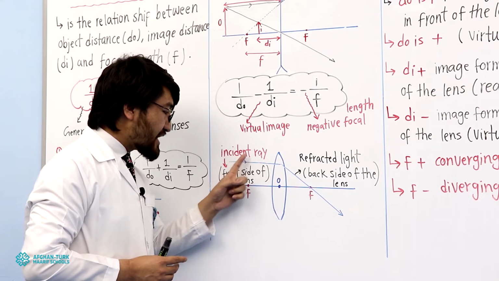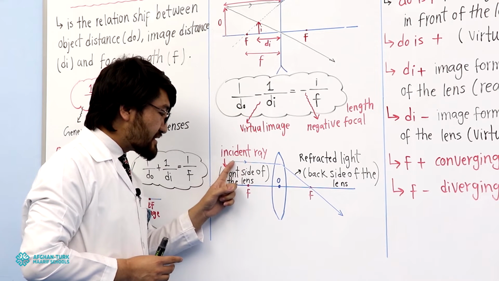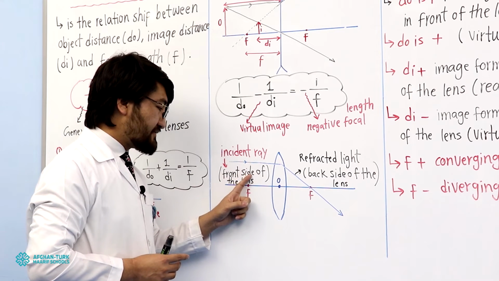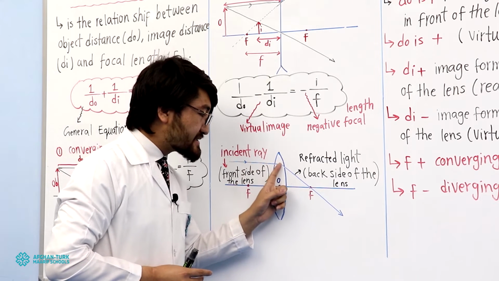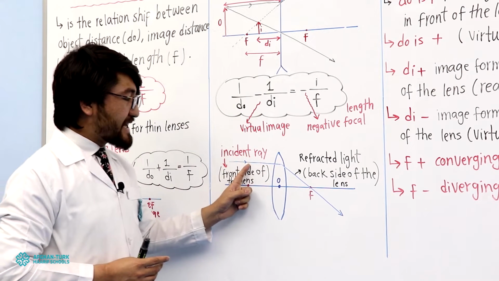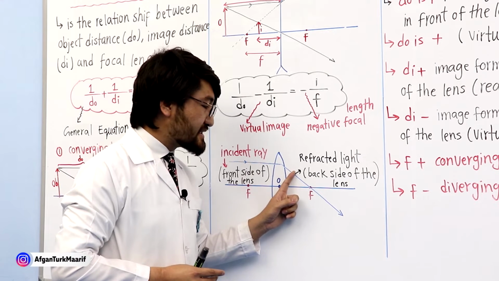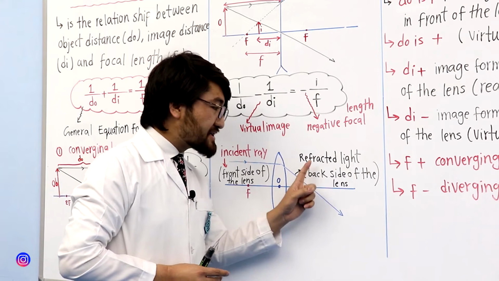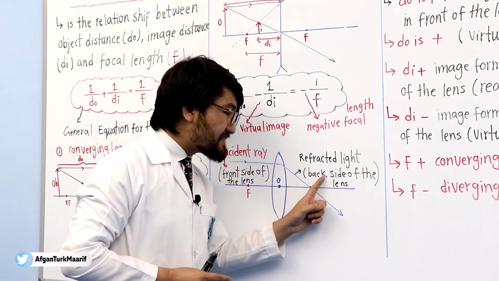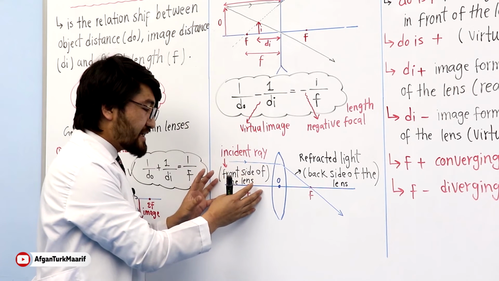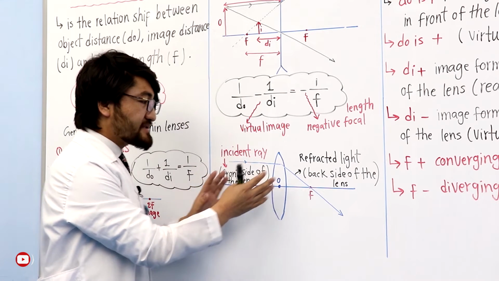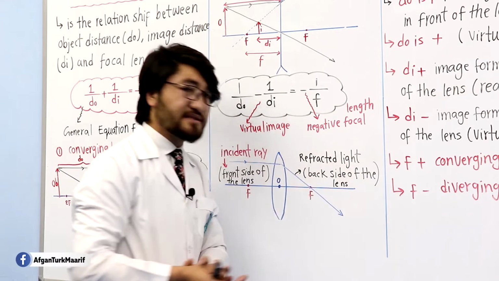The incident ray means the front side of the lens. The light passing through the lens is refracted. Refracted light means the back side of the lens. This is the front side of the lens, and this side we can say is the back side of the lens.